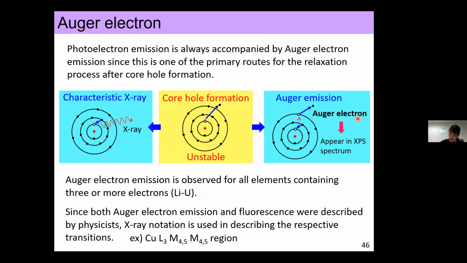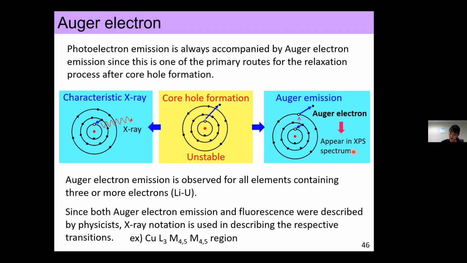This electron has kinetic energy coming from excitation of the X-ray and the difference of this energy state. So this one appears in XPS spectra.